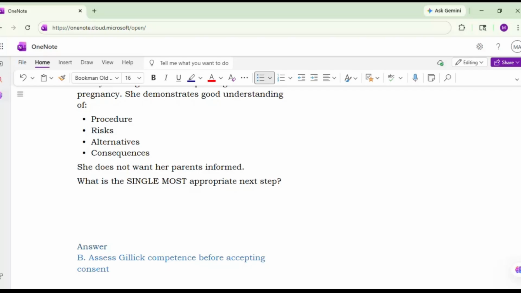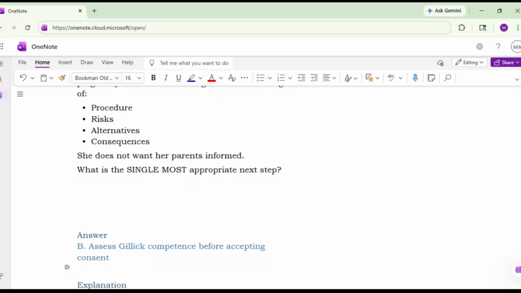Then you check the Gillick competence, because we are checking the understanding. The patient is saying okay, but it is presumed for the adult that whatever we are saying, they are understanding. It is presumed, but we have to check it for the adult. Are you getting it? So this answer is also correct: assess Gillick competence before accepting the consent.